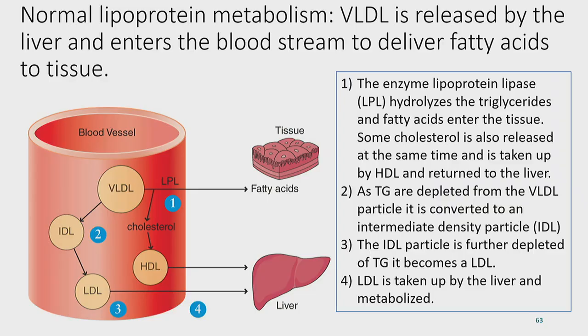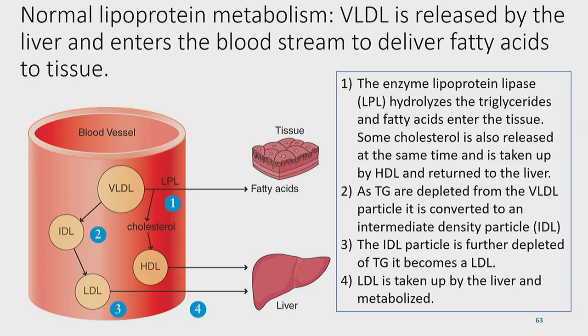So this figure shows normal lipoprotein metabolism, and the VLDL is released by the liver and enters the bloodstream to deliver fatty acids to the tissue. At the same time that this happens, some cholesterol is released and is taken up by the high density lipoprotein, or the HDL, to be returned to the liver.